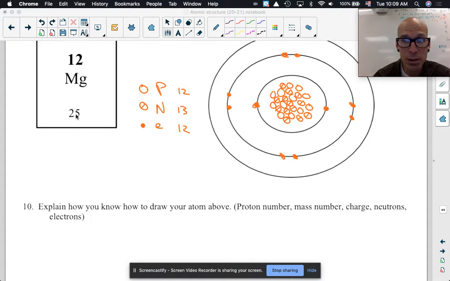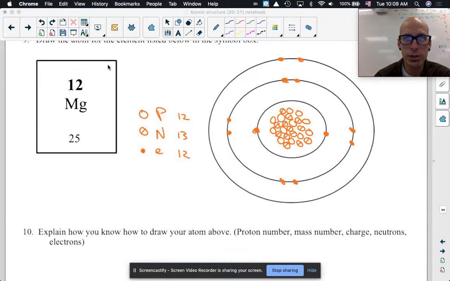And you use the mass number with the proton number to find the neutron number. Again, protons plus neutrons has to equal that. How do you know what the charge is? Well, it tells you, and in this case, it didn't even have one, so we didn't have a charge. So we knew it had to be neutral, which tells us that our electron number and our proton number has to be balanced. That's how we know.